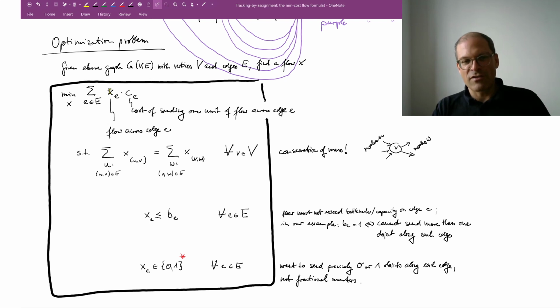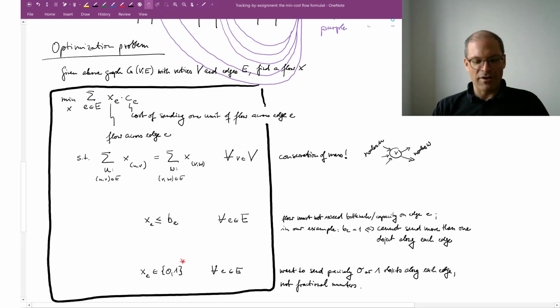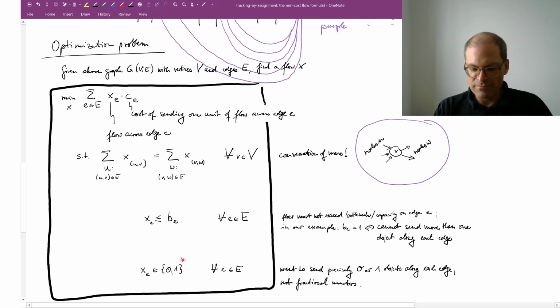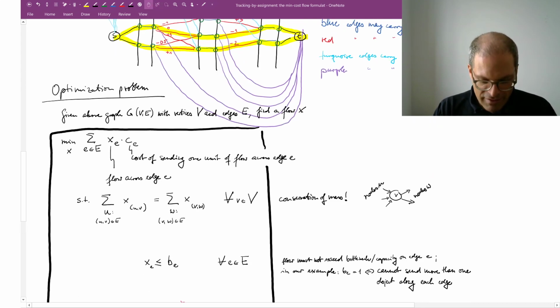Now, if I did just this with no extra constraints, then I would not get proper flows from source to target. So things could just spontaneously appear and disappear along the way. So what I need are, on the one hand, conservation constraints. If you look at a single node V, this is a directed graph.